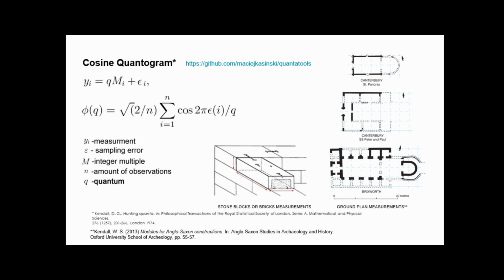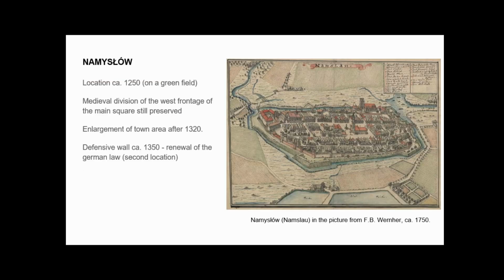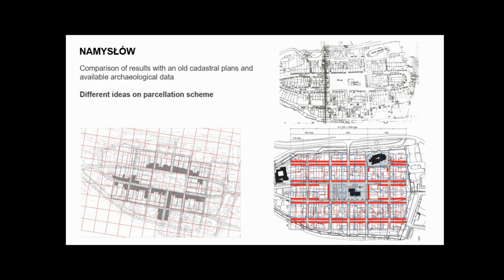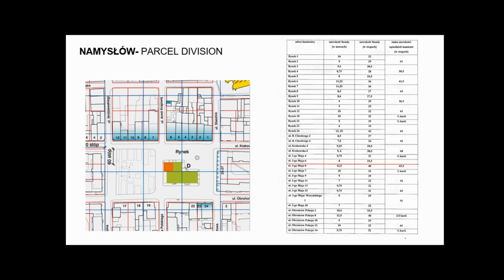So the first case study, Namysłów, where we first try to understand how the parcel looks and where the medieval division was, and how it doesn't look. I have a shorter time, so I will not explain a lot. But of course, we use the historical data on how the parcel was in the past, and then we reconstruct this.